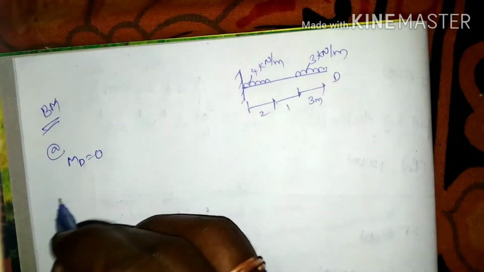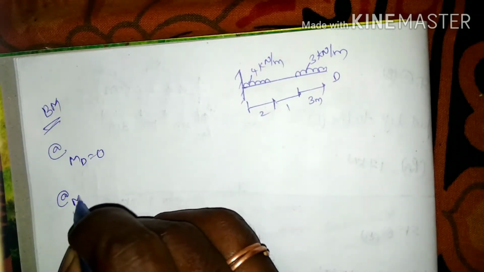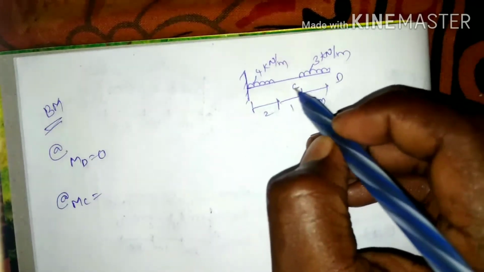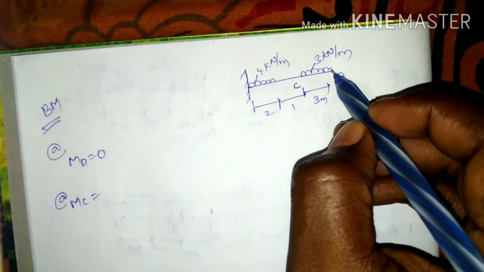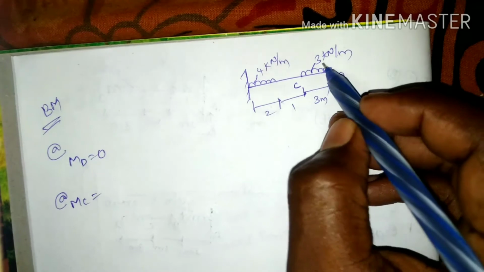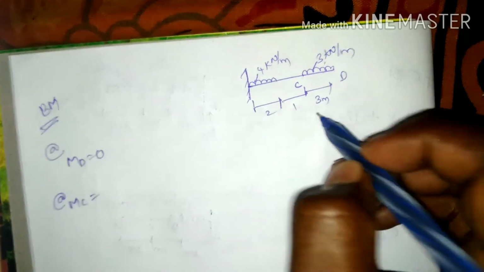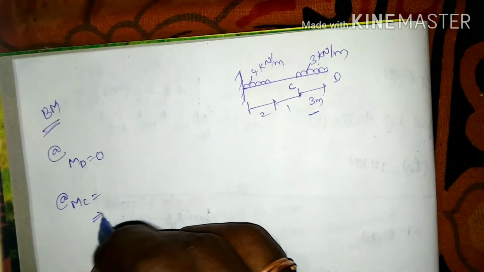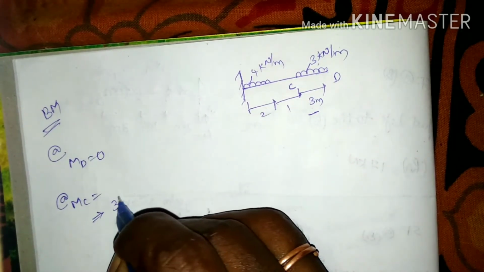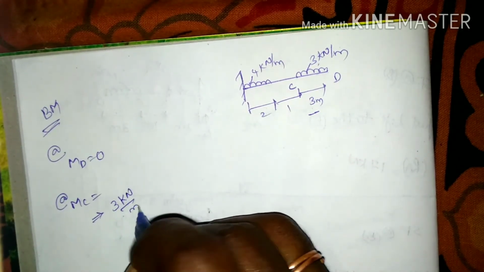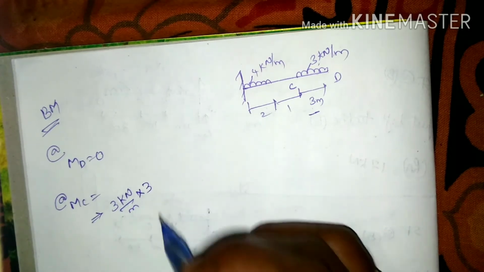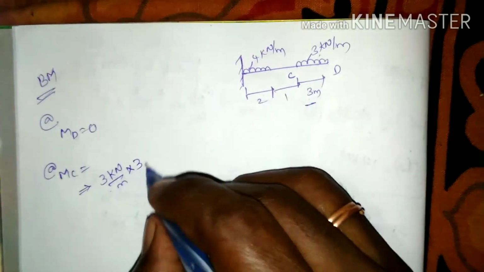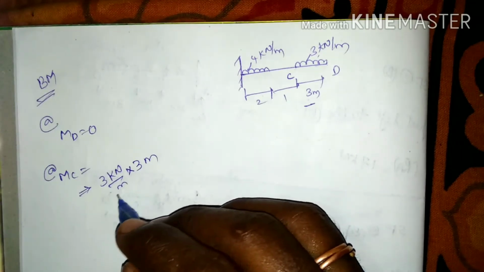Here we don't have any forces or any perpendicular distance, so moment about D is equal to 0. And moment about C is equal to, here at C we are having a force of 3 kilonewton per meter into 3. It is going to be multiplied with the distance over which it acts, converted as a point load.